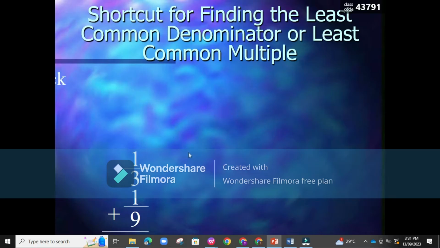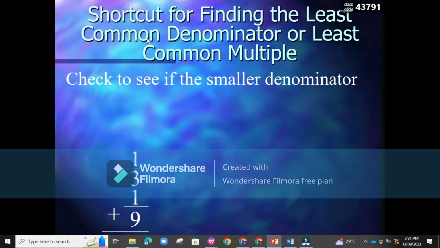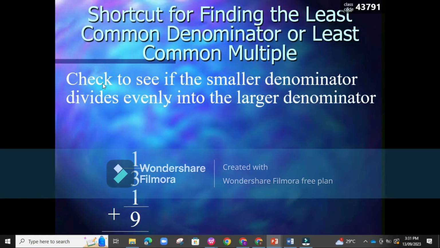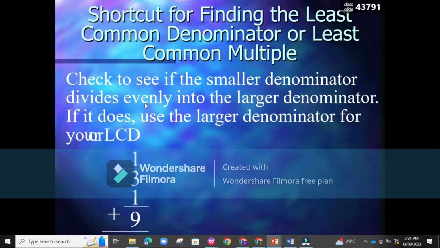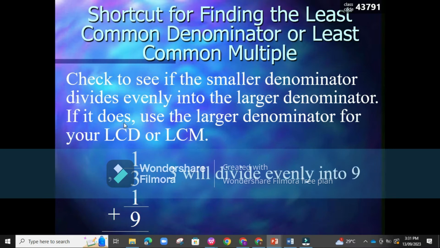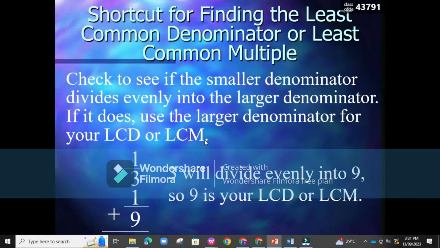Okay. Now there's a shortcut for finding the least common denominator or least common multiple. We need to check to see if the smaller denominator divides evenly into the larger denominator. If it does, use the larger denominator for your LCD or LCM. Okay, for example, you have 1/3 plus 1 over 9. So the shortcut way is to look at the larger denominator.